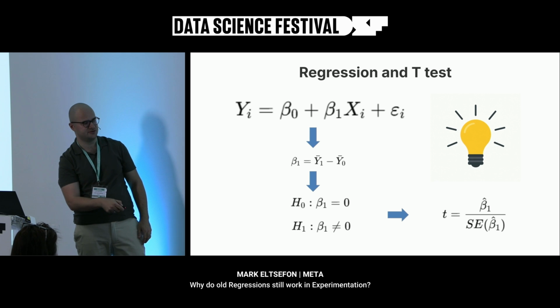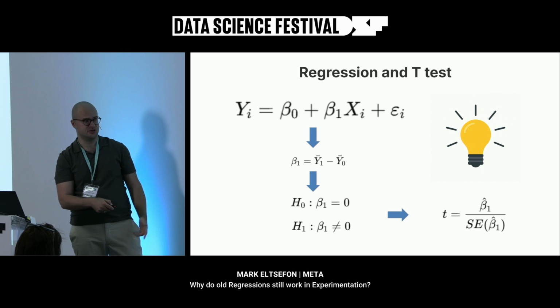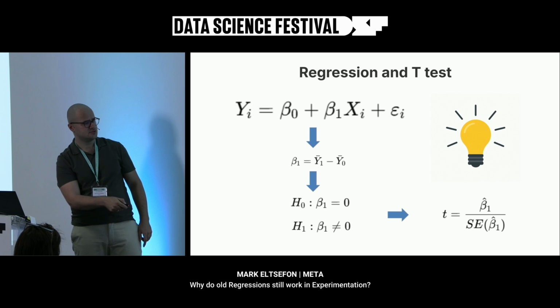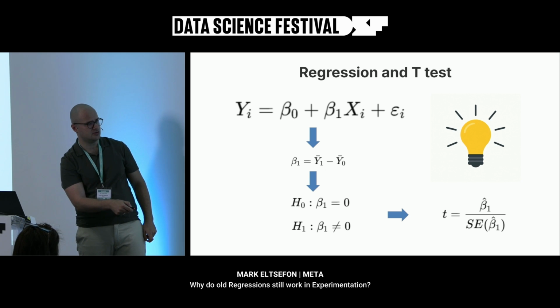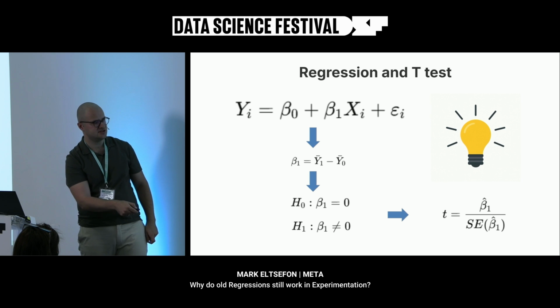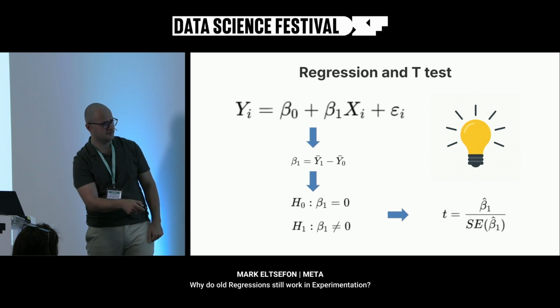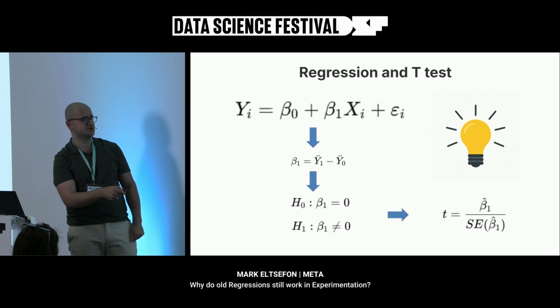The alternative is going to be that beta 1 is not 0. And when we solve it, we're also going to calculate the t statistic, and it's going to be the same as we've seen in the t-test if we just change beta 1 with this.